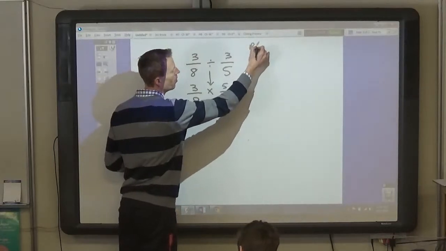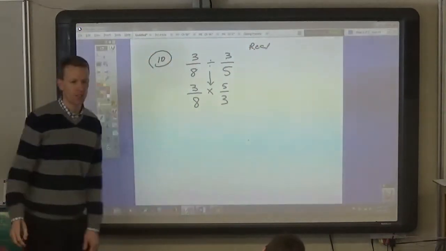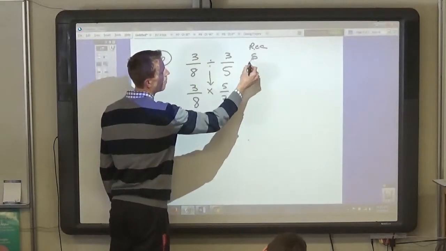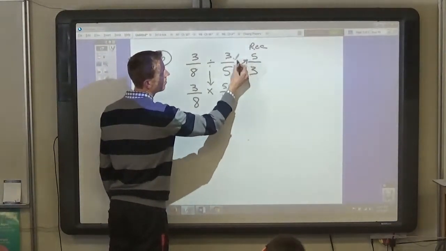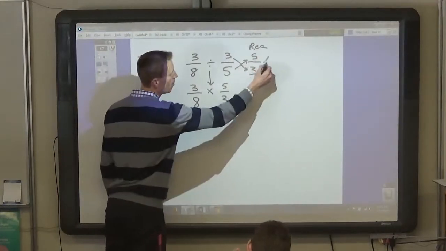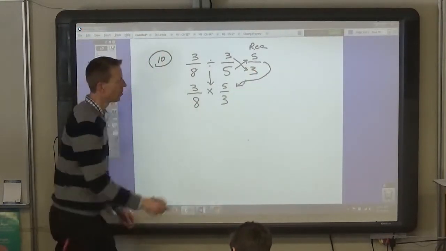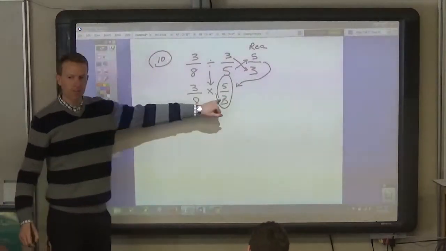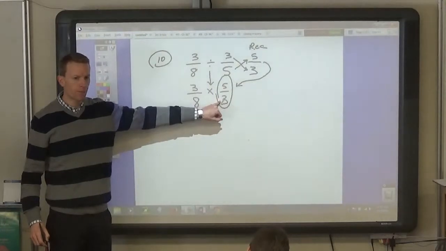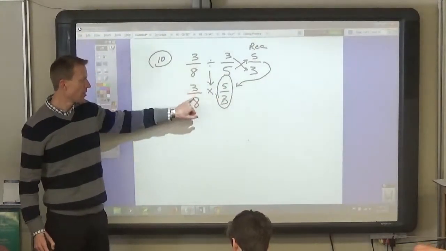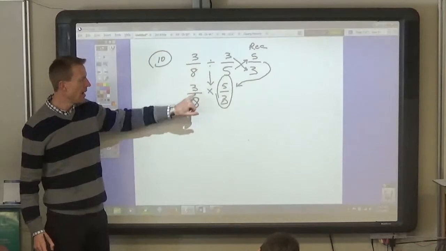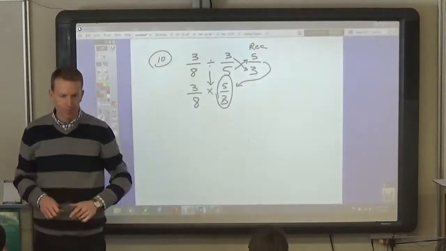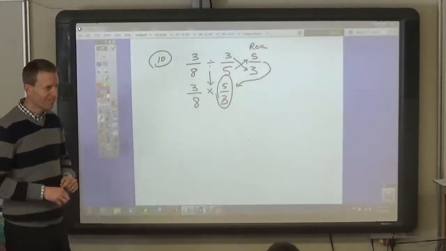What's the reciprocal of 3/5? 5/3. You see that? So that's the number we have to use right here. It's only the second fraction that you flip. The first fraction stays the same, and you only flip the second fraction.